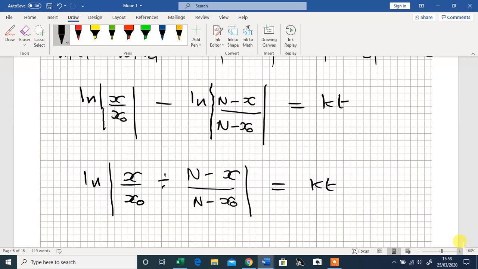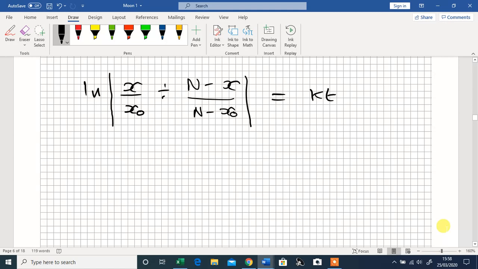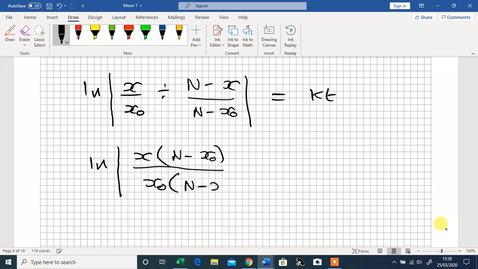So if you simplify that a little bit further, you get the logarithm of x times n minus x naught over x naught times n minus x, modulus sign, equals kt.